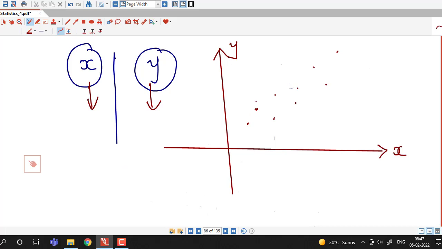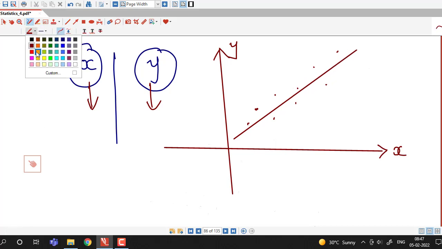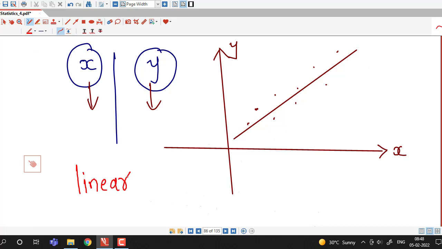If all these points follow this type of relationship, that is, they fall near the straight line, then we can say that the relationship is linear between the two variables. So if values of x and y in this scatter diagram fall near the straight line, then we can say that regression is linear regression.